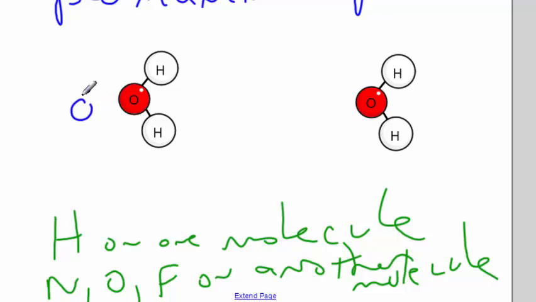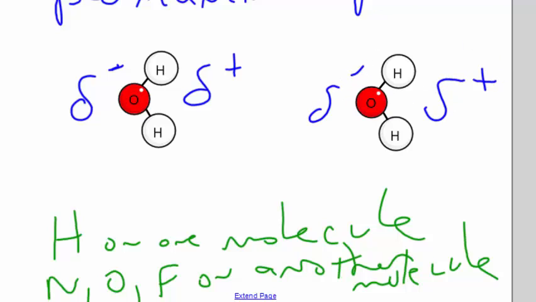So again, this end is partial negative, this end is partial positive, this end is partial negative, this end is partial positive. So there's an attraction between the partial negative end of one molecule and the partial positive end of the other molecule. But because H is so small and N, O, and F are so very electronegative, this is a very strong bond. This is why water boils at 100 degrees Celsius.